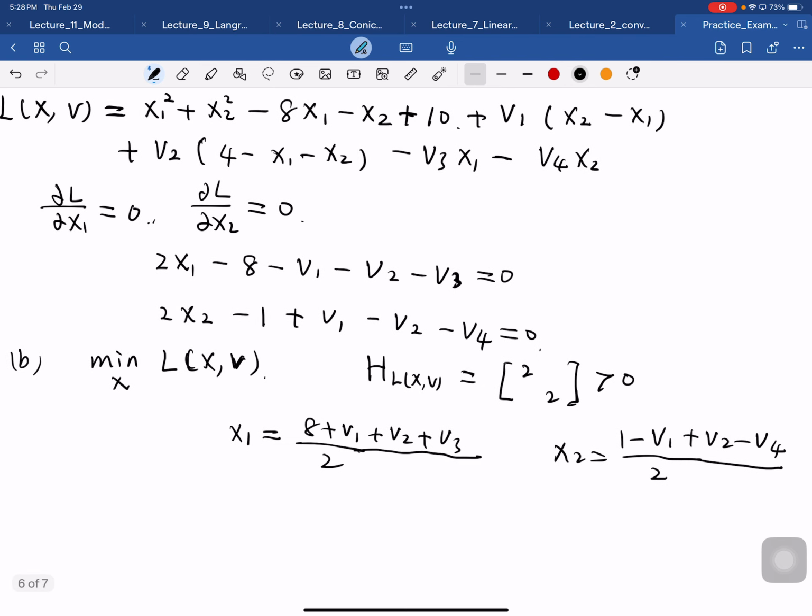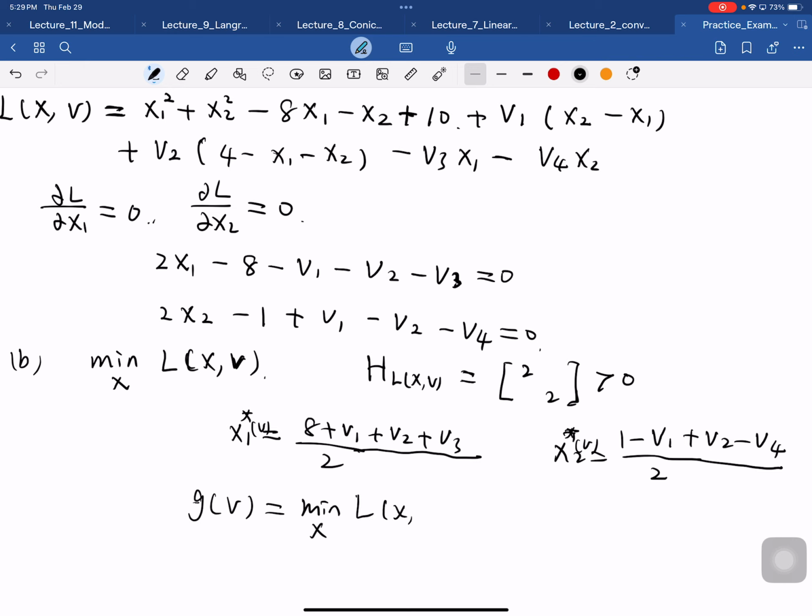You get a closed form solution. Now you can just plug the x1 and x2 into the Lagrangian function, and that's it, right? So maybe let's write it as x1 star, x2 star. Then the dual function, which is minimization over x, or maybe we should write it as a function of v.